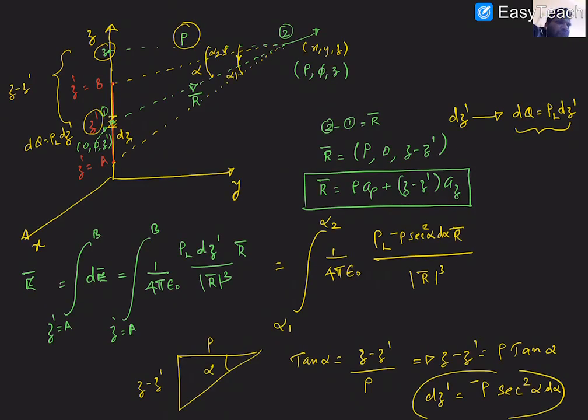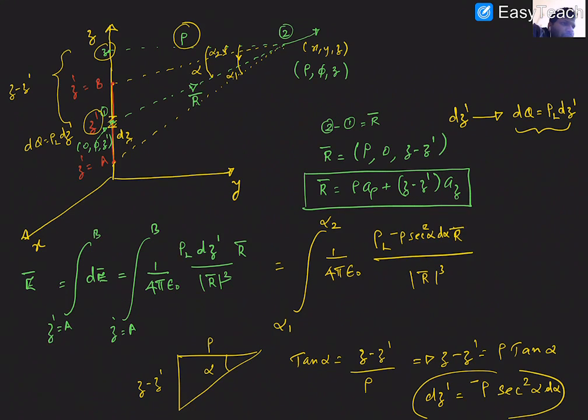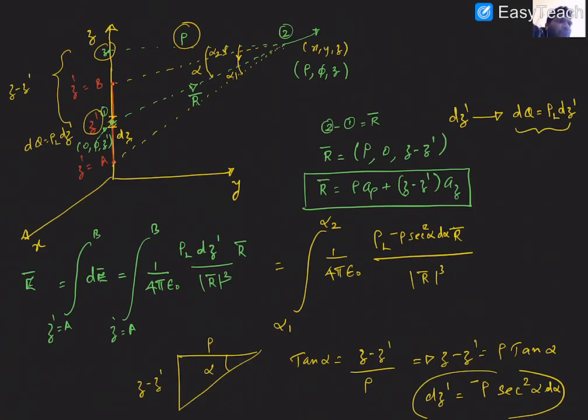So now my electric field is equal to 1 over 4 pi epsilon 0, alpha changes from alpha 1 to alpha 2, then rho L into minus rho sec square alpha d alpha into rho a rho, because my vector r is nothing but rho a rho plus z minus z dash into az.